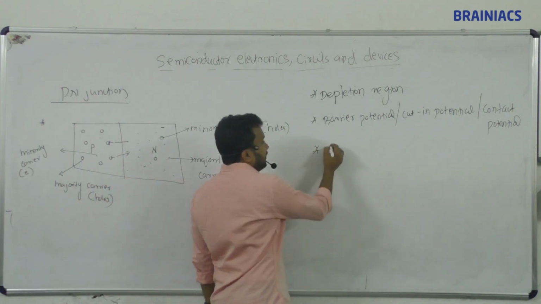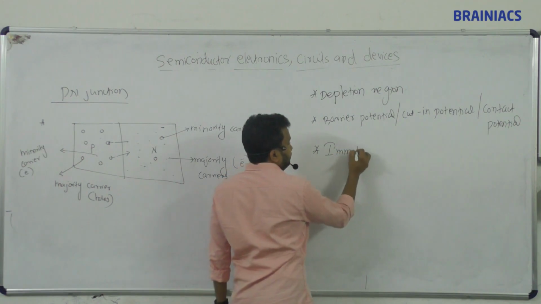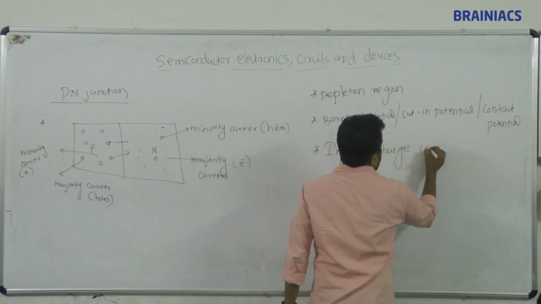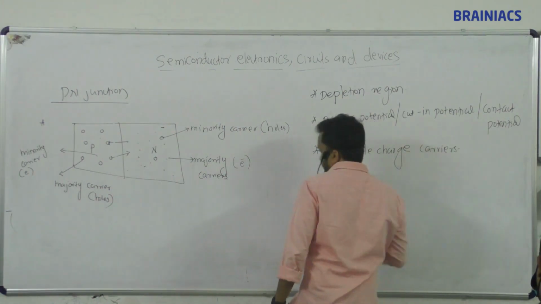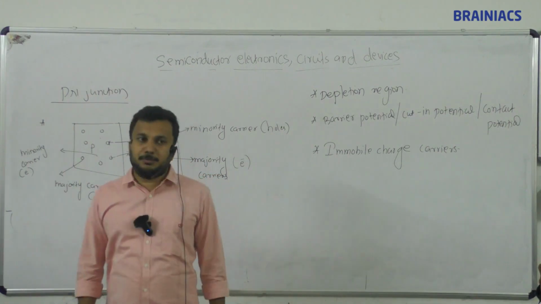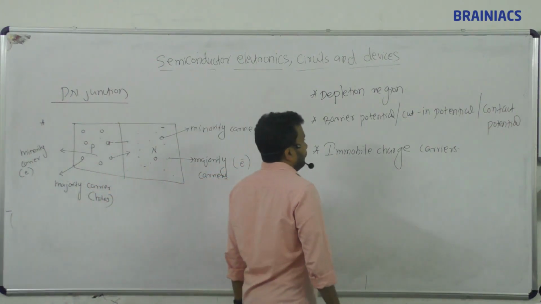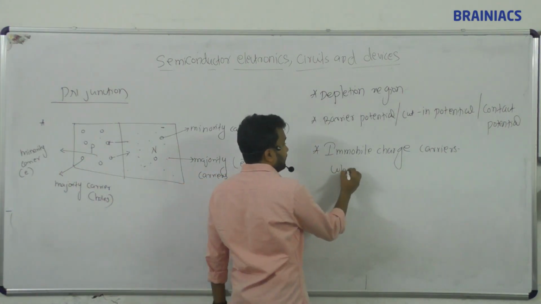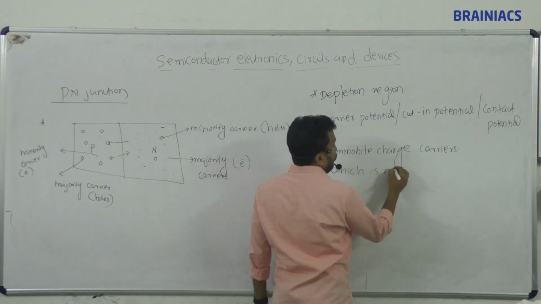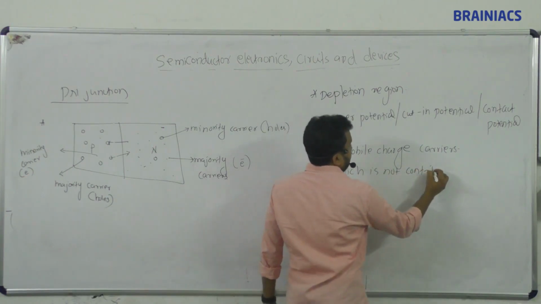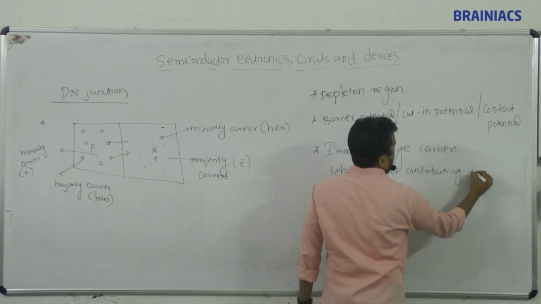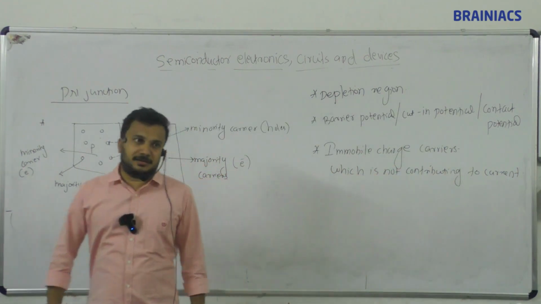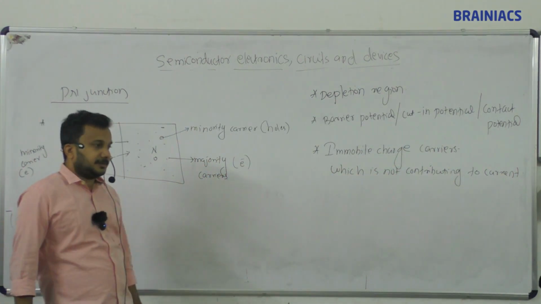Next one, depletion region consists of immobile charge carriers, only immobile, not able to move. Depletion region consists of immobile charge carriers which are not contributing to current.